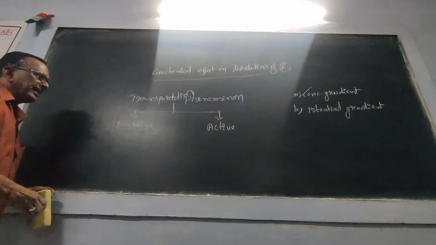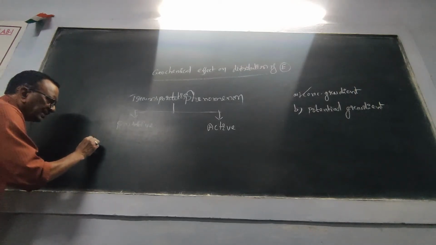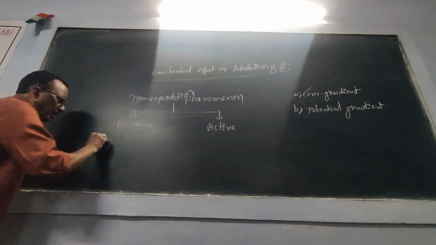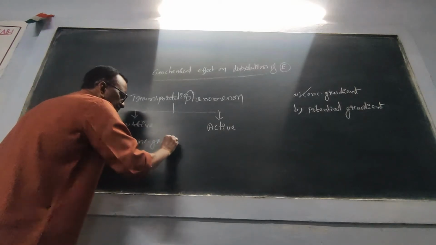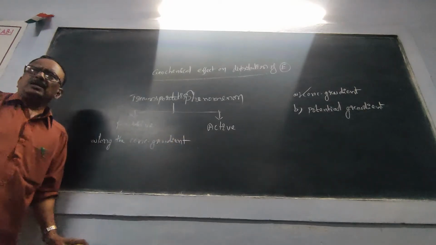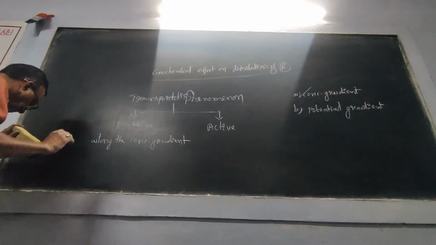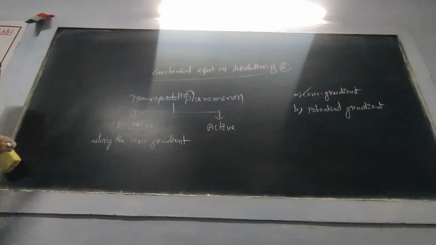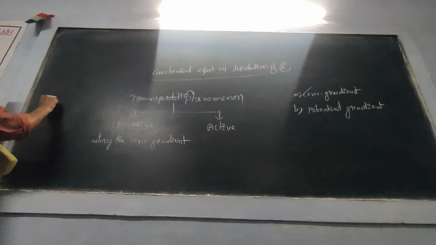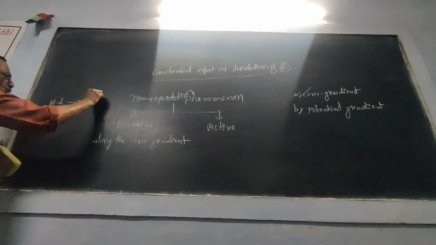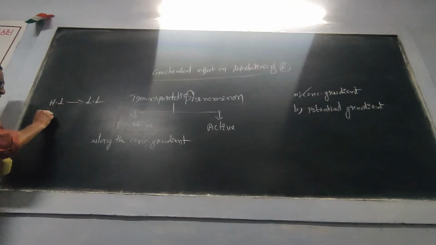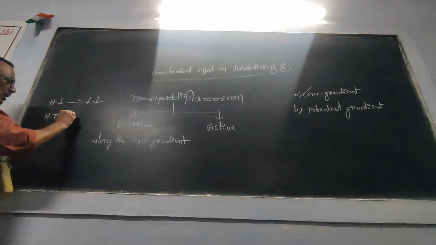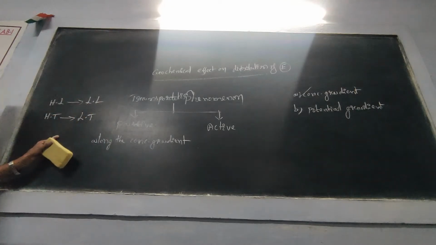Passive transportation means the movement of ions occurs along the concentration gradient. The meaning is, say for example, water will flow from a high level to a lower level. Similarly, heat will flow from a body having a higher temperature to a body having a lower temperature.